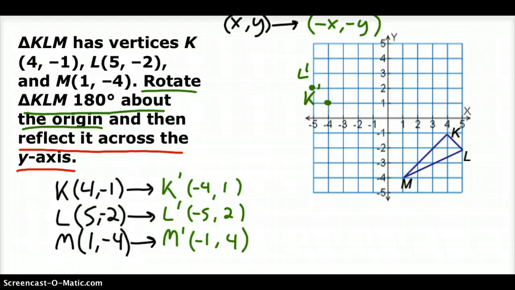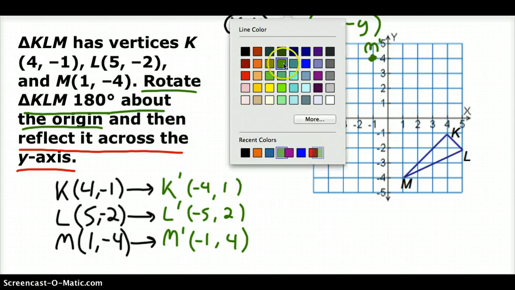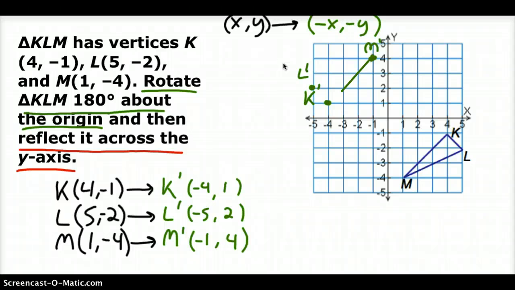And finally we have M prime, which is -1, +4. We'll label that, and then carefully use a straight edge and connect the dots. Now we have done our first transformation.